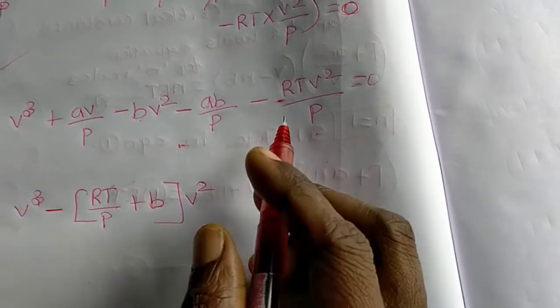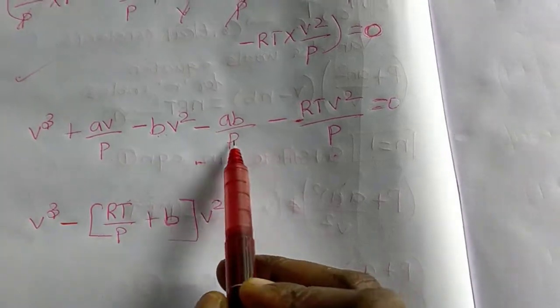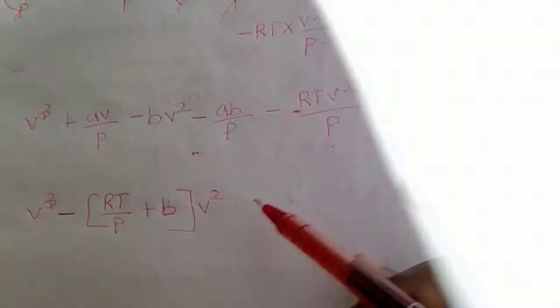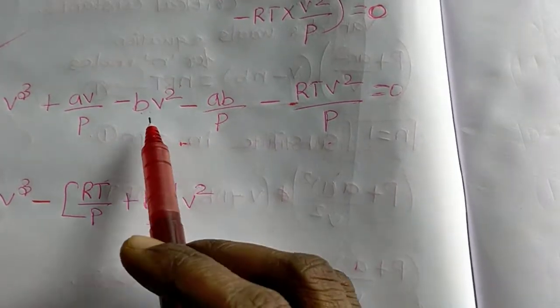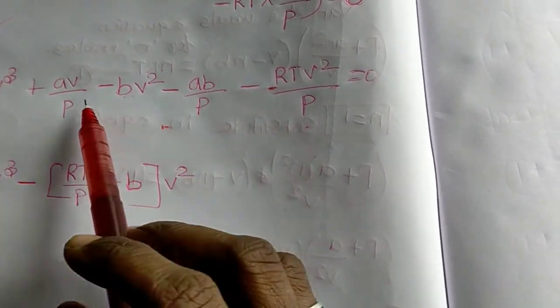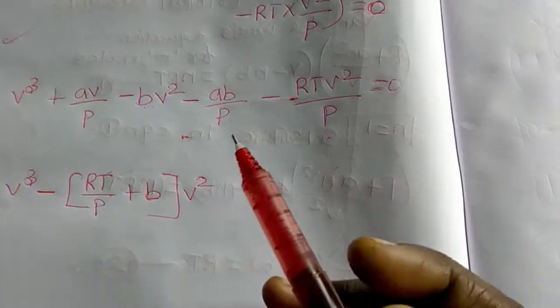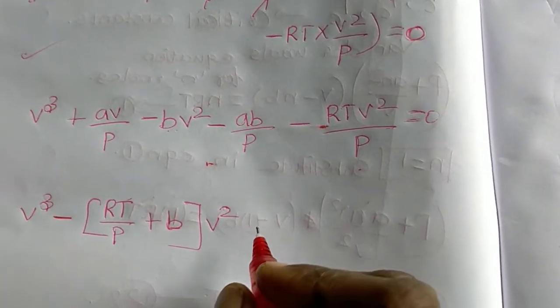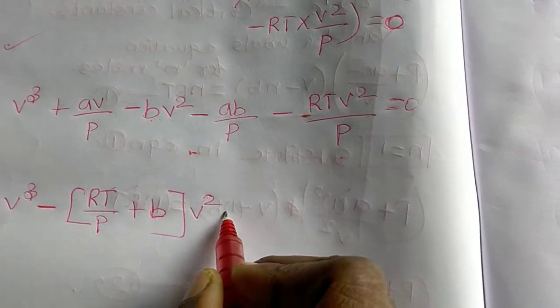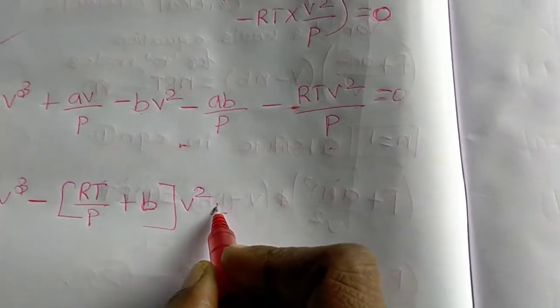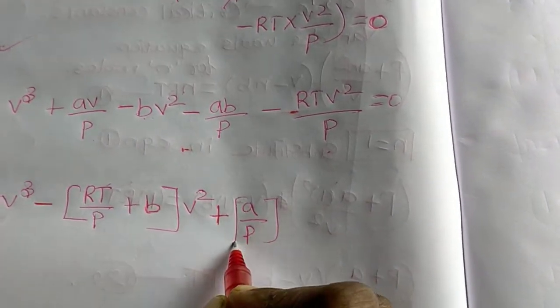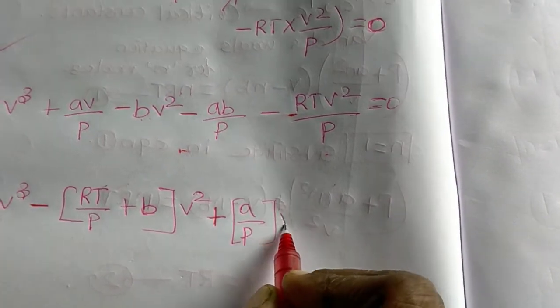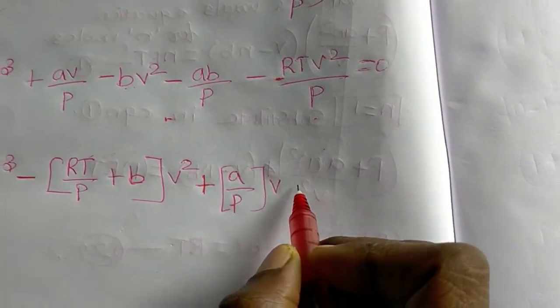Then again write the next one. We have written the v square term. Write the next term. What is the next term? v. How many v terms are present? Only one term, av by P. So write that one, plus a by P, with v to the power 1.